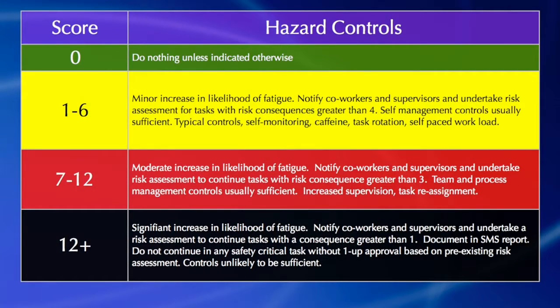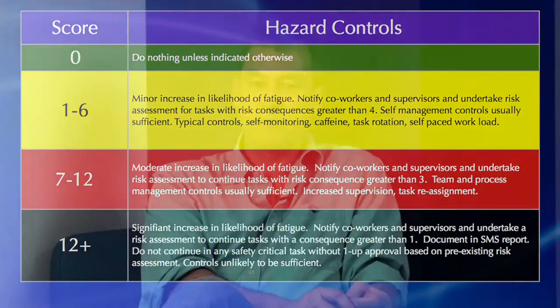If we go to the yellow band, you'll see that the text suggests that there is a minor increase in the likelihood of fatigue. And what you will see here are what we call self-management controls. Notify co-workers and supervisors and undertake a risk assessment for tasks with a risk consequence greater than 4. In effect, what we're saying here is that if you are doing something that has an extremely significant consequence of a fatigue-related error, you may want to look at managing it, but for most tasks it's not an issue.